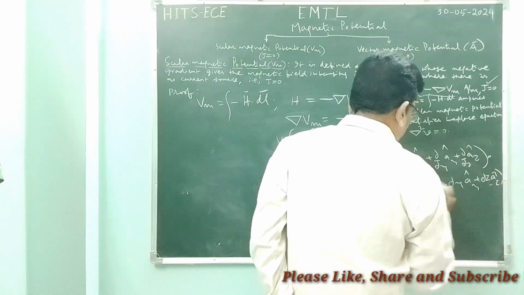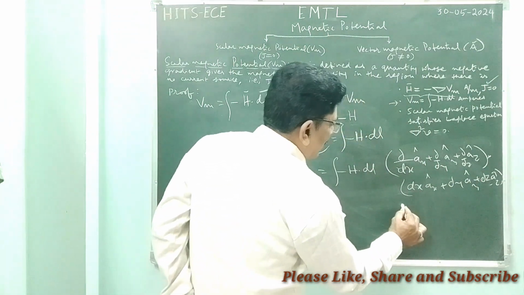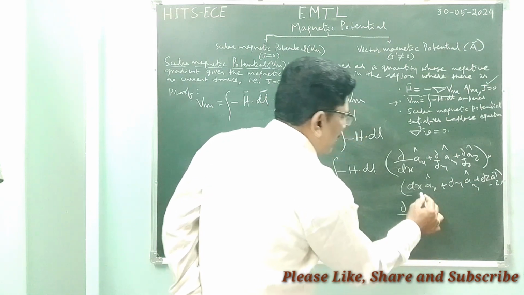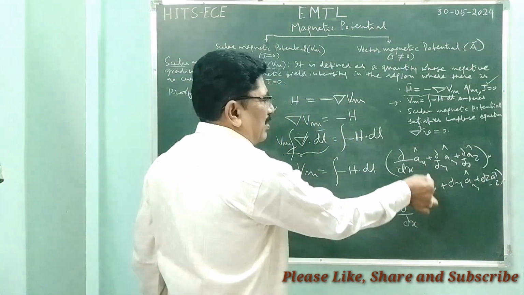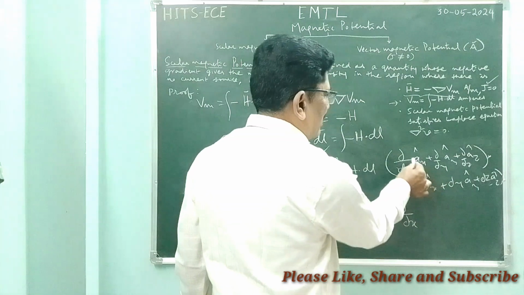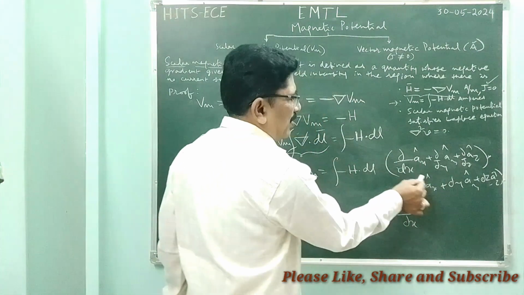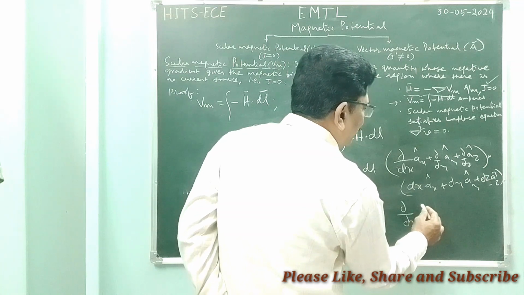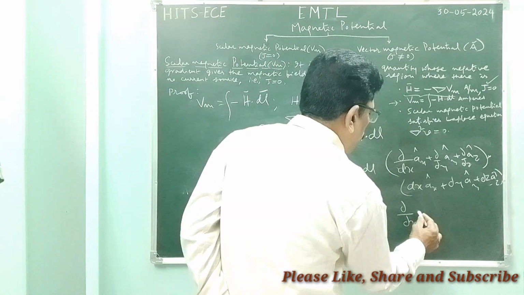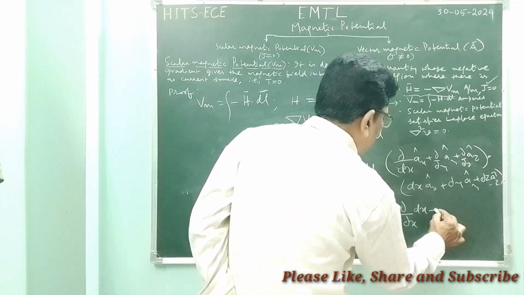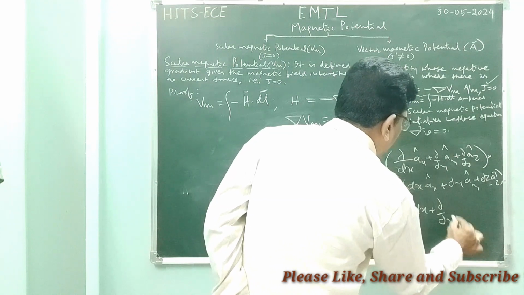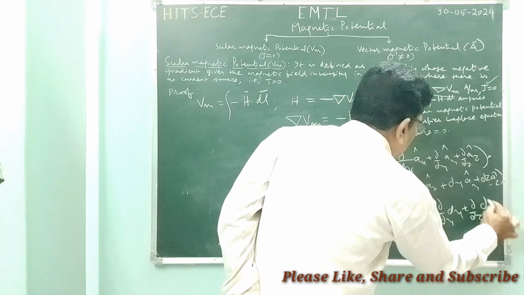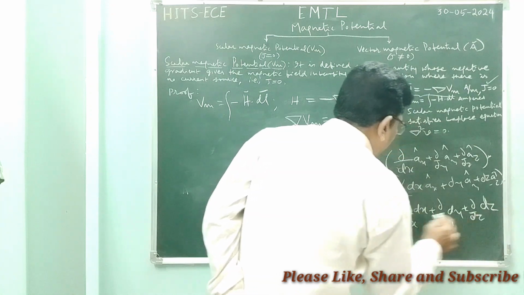In the result of this dot product, ax cap dot ax cap is 1 and ax cap dot ay cap is 0. So finally it will be dou by dou x dx plus dou by dou y dy plus dou by dou z dz.